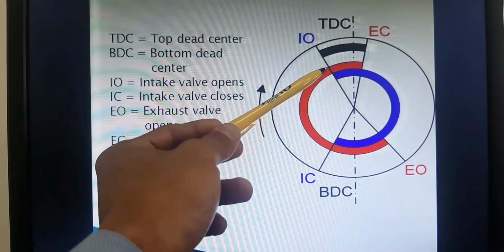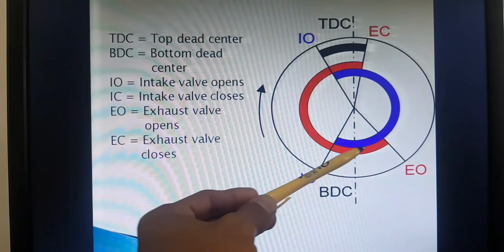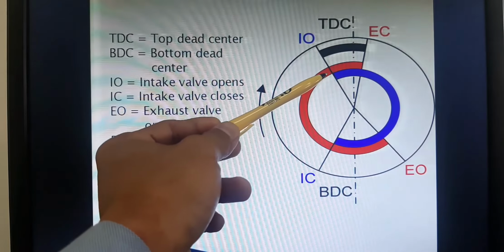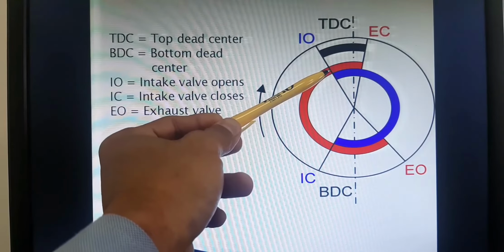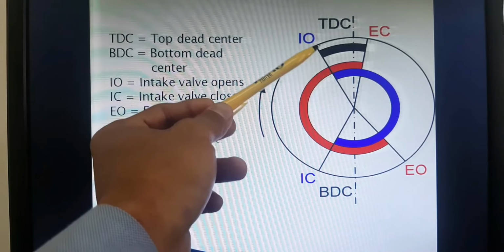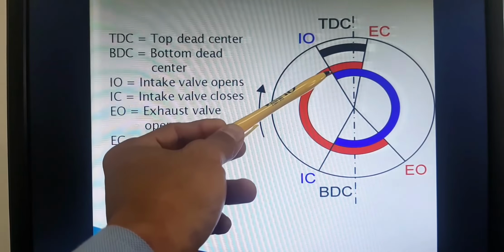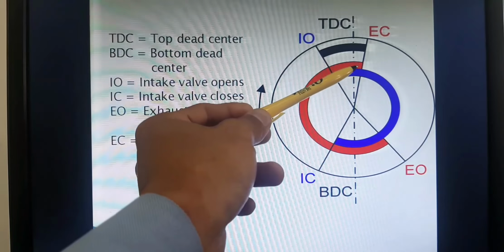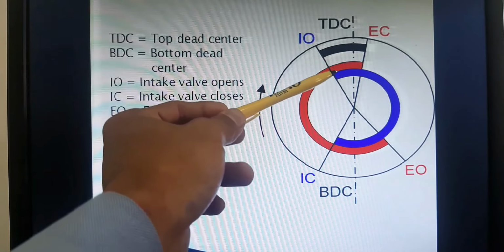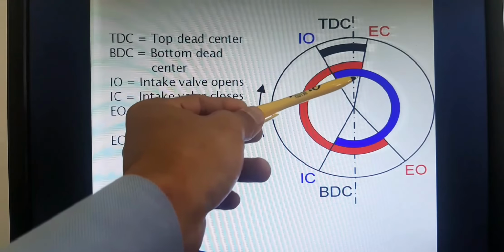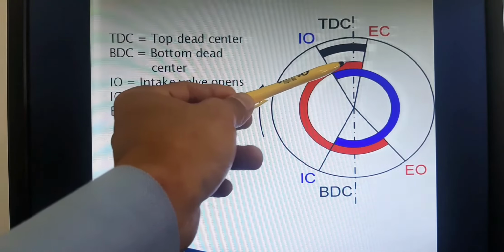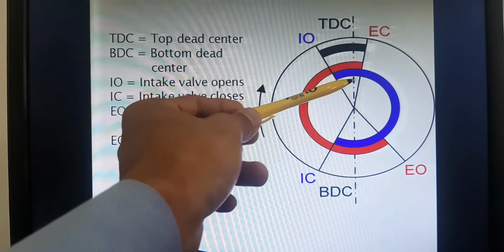So the exhaust valve is open here, up to here, and at the same time the intake valve opens. So both valves are open here. That is called the valve overlap. What is the purpose of the overlap?